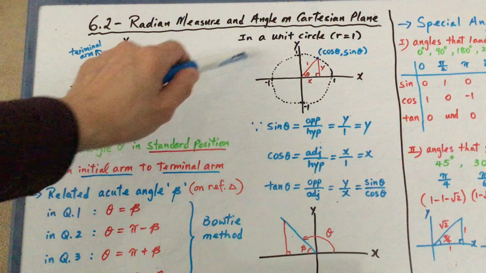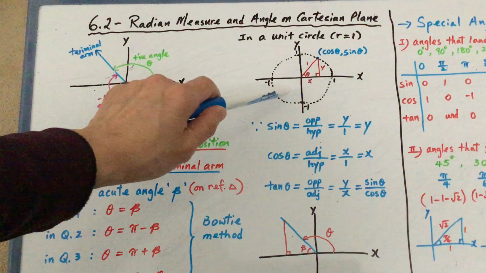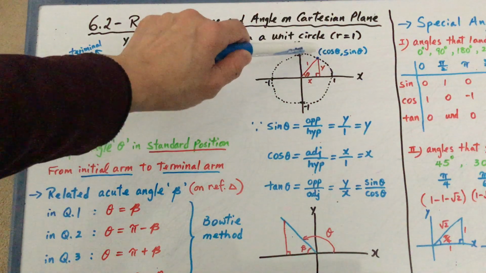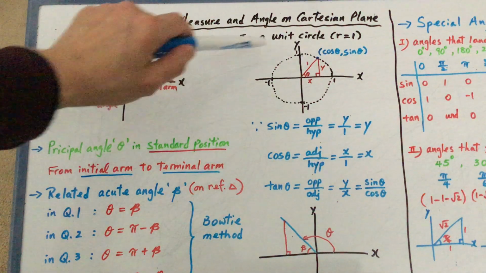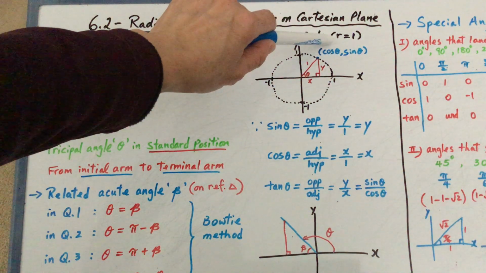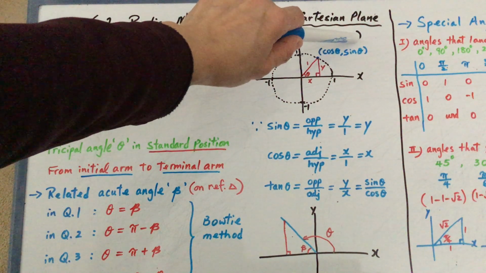And I'm showing you this little diagram here just to show some of the proof why any point that's on the circumference of this unit circle, you will get an x coordinate that is equal to cos theta, and the y coordinate that's equal to sine theta.